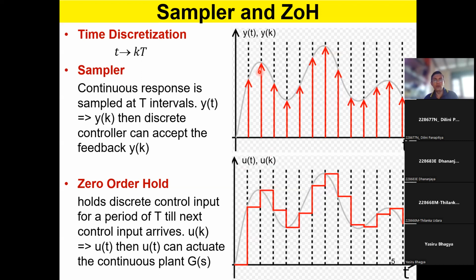And when a new arrow comes in, let's say this one, it keeps that value for the next period. So this is how you convert a discrete signal into a continuous signal, because this staircase is continuous, right? Not differentiable at these points, but it's continuous.